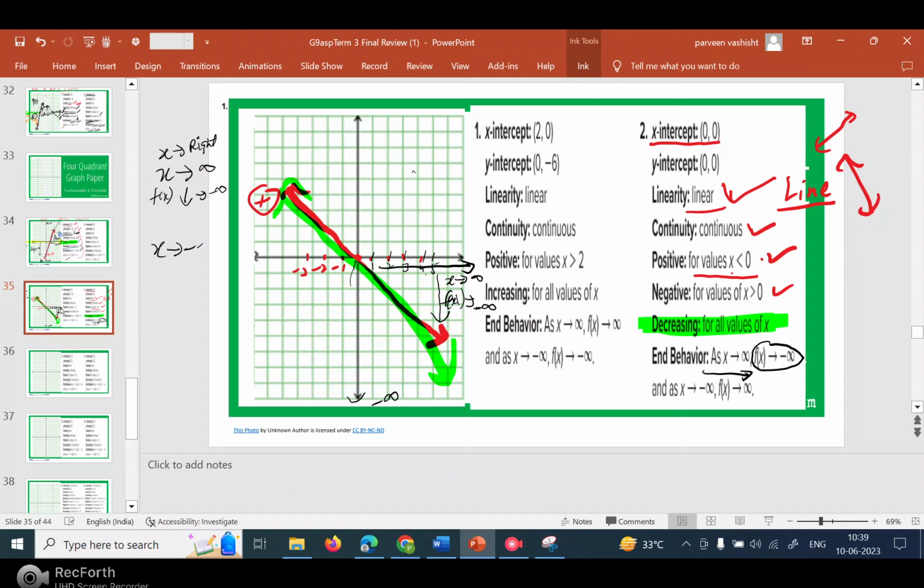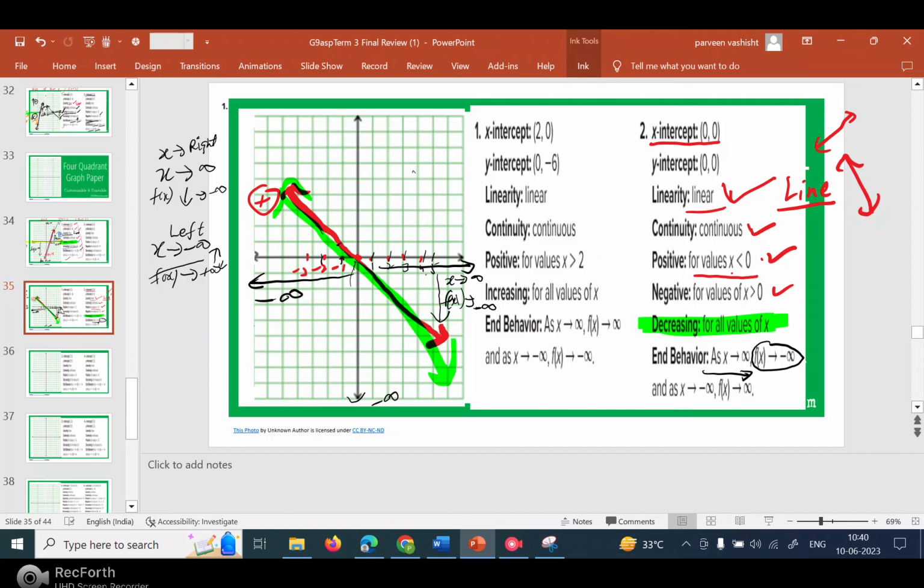Okay, and if x is going to negative infinity, x is going towards the left. And f(x), if it is going up, we say positive infinity. Now look here, if x is going to negative infinity, where is the value of y going?